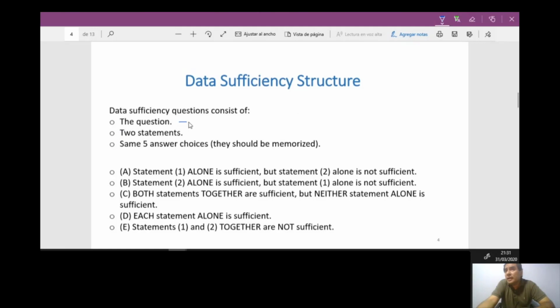It's interesting that the two types of questions that you have in the GMAT correspond to what, when, how much, or how many. Typical questions that demand a value as an answer, a numeric value, okay? You need to provide a value.